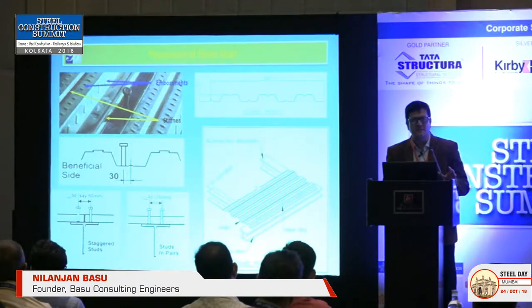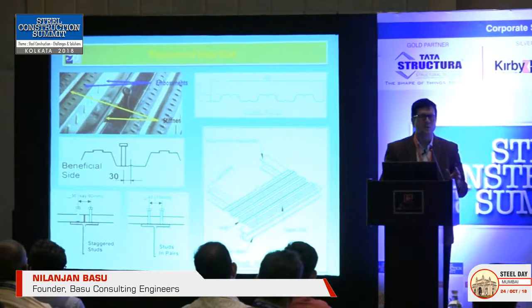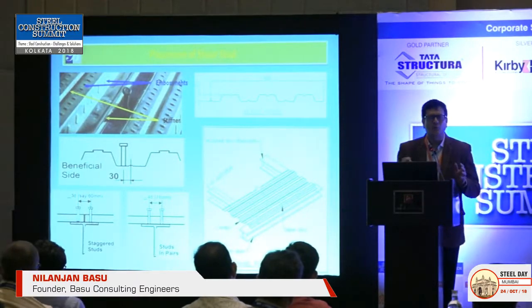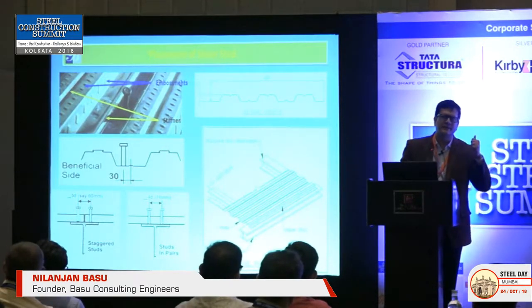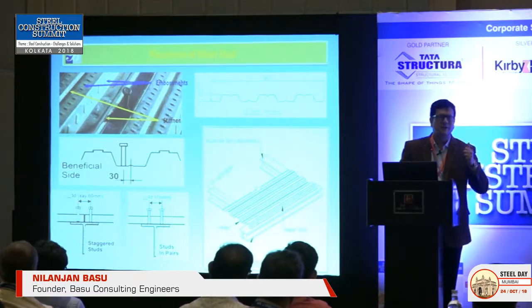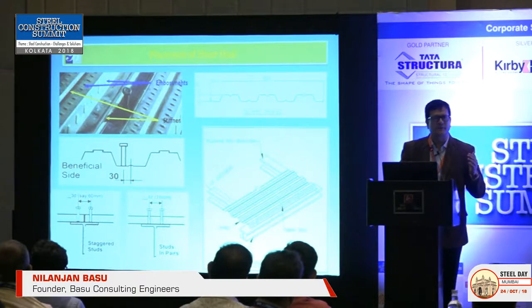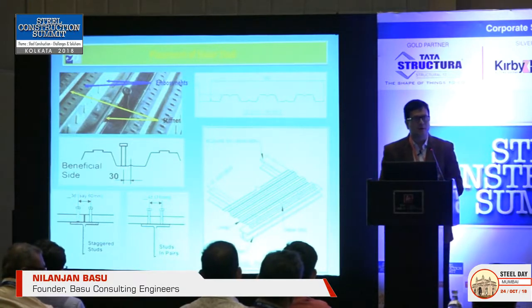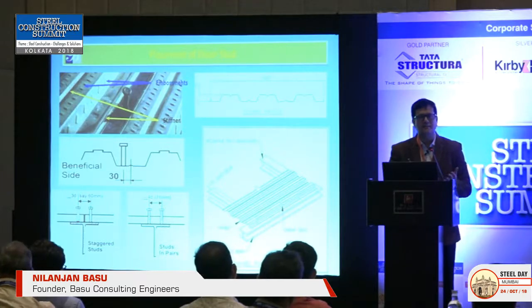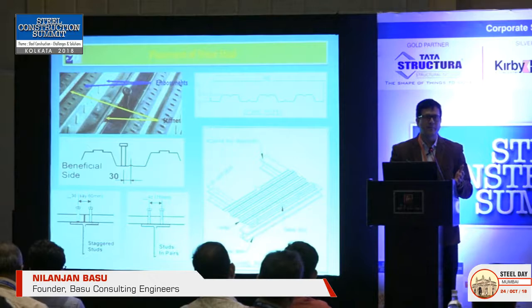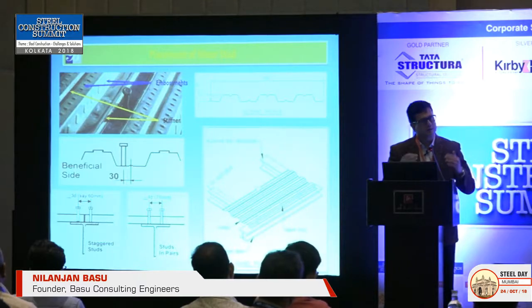The metal deck ensures a one-way spanning system for the slab, and it acts as bending reinforcement. So when you're using a metal deck, all you need is a minimum reinforcement on top of the concrete, that's it. The minimum thickness of concrete above the crest you can use is 100. 75 would be good, but as per the fire protection laws, you need to have a 4-inch topping on that.